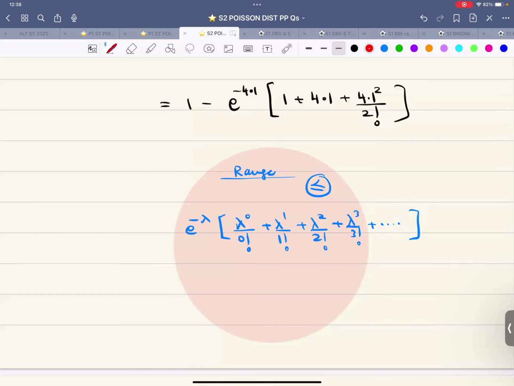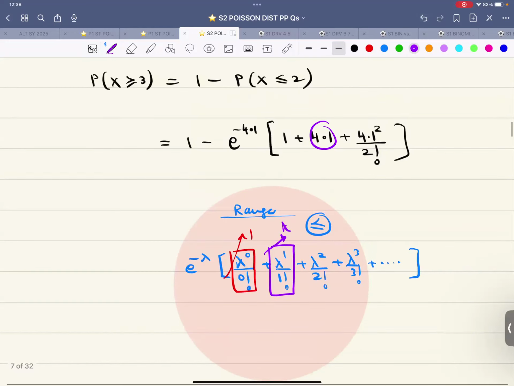So basically, this first one, lambda power 0 over 0 factorial, becomes 1. And this next one, lambda power 1 over 1 factorial, simply becomes lambda. So this is lambda that I've written over here, and this is 1 that I've written over here. So that is what the formula is all about.